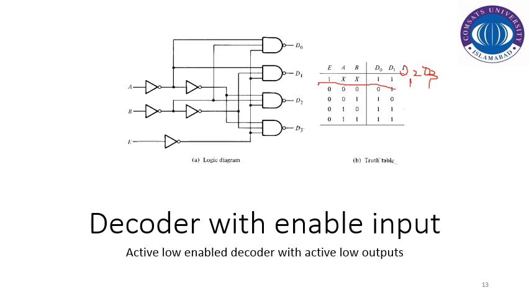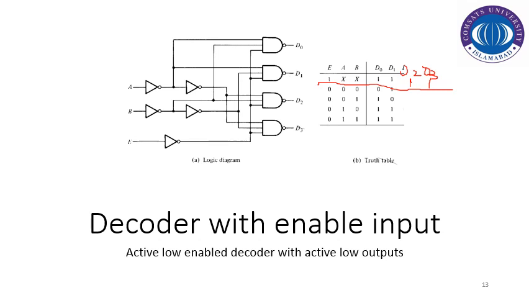This is for the first case. This enable is an active low enable. The circuit is in its normal mode of operation when enable is set to 0, and when enable is set to 1, the circuit is in its default state, that is all the outputs are switched to logic 1, because we are using NAND gates. This is an active low output decoder with an active low enable circuit.